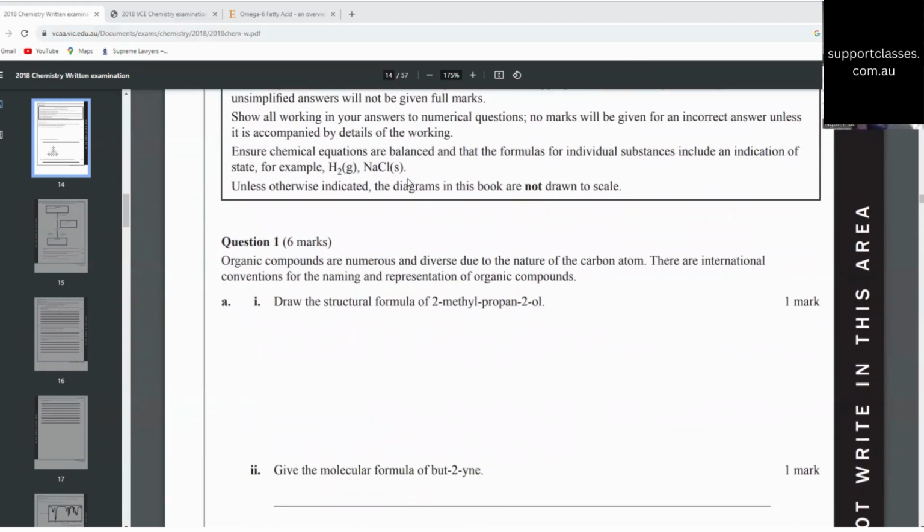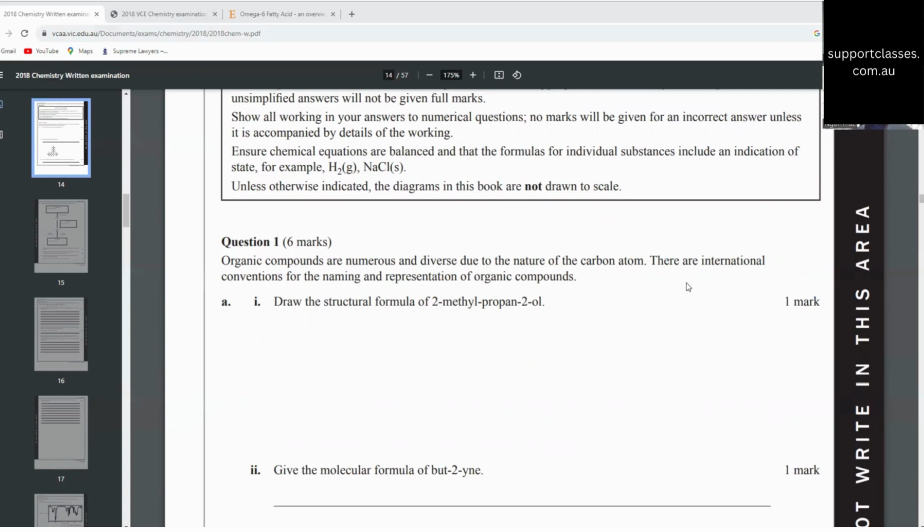So this question: organic compounds are numerous and diverse due to the nature of the carbon atom.